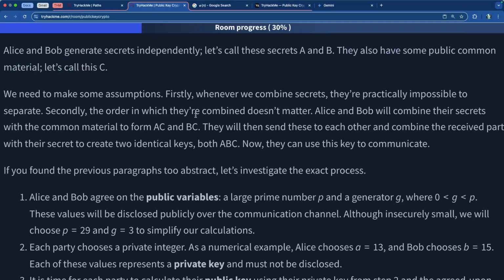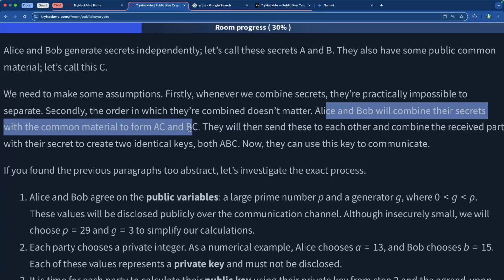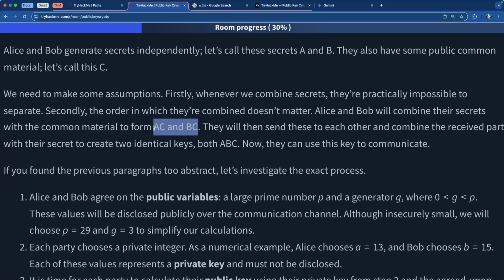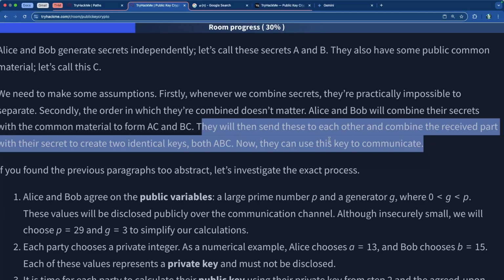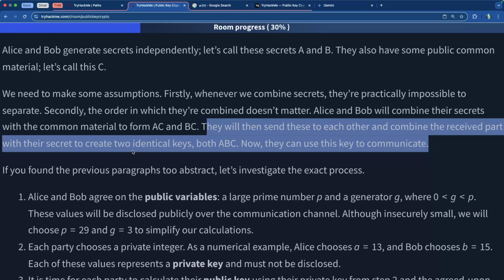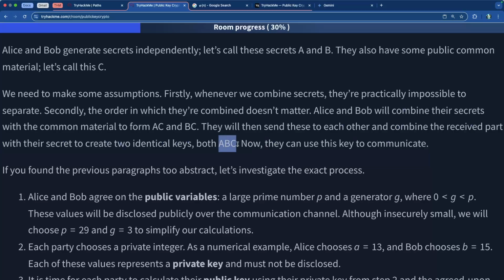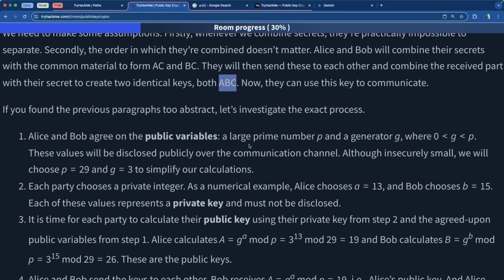Secondly, the order in which they're combined doesn't matter because A times B is equal to B times A. So Alice and Bob will combine their secrets with the common material to form AC and then BC. They will then send these to each other to combine the received part with their secret to create two identical keys, both equaling ABC. Now they can use the key to communicate.